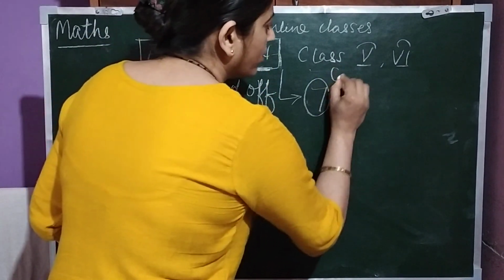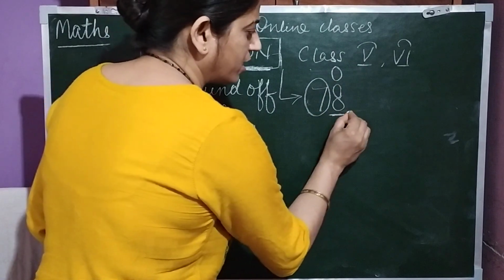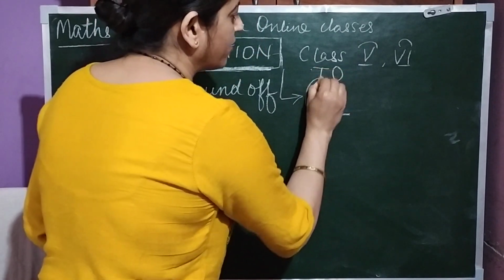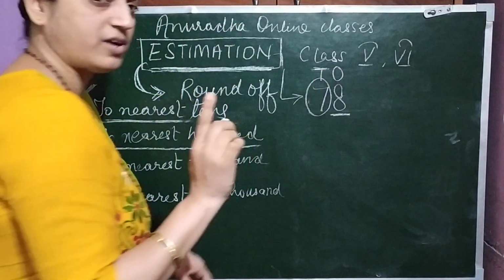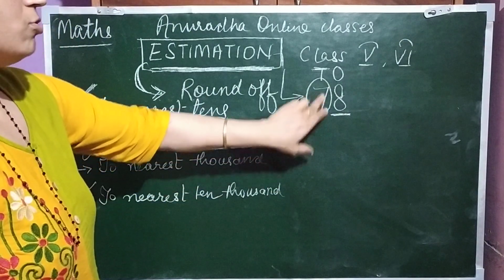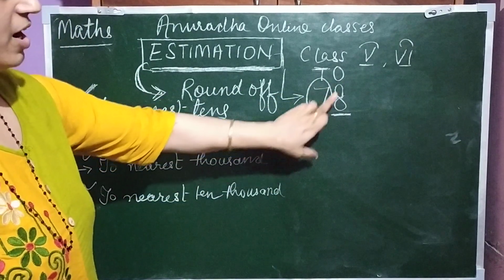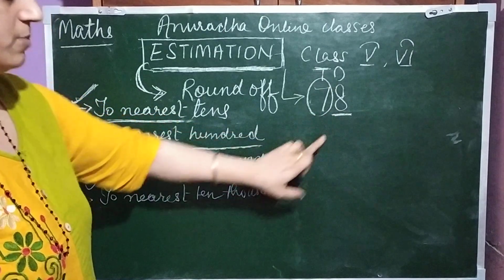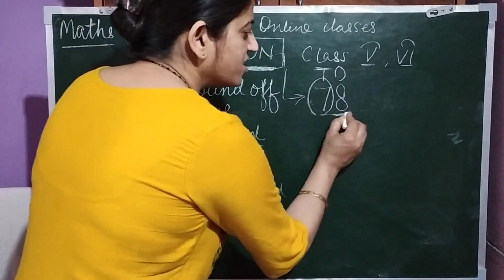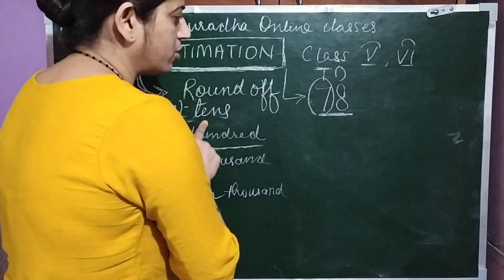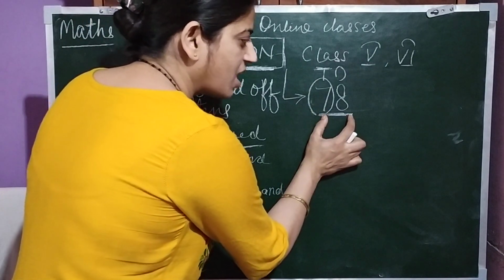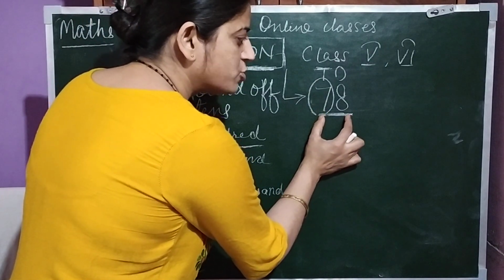Which is at the ones place, you have to underline it, and the tens place you have to circle it. So at tens place what is there? 7, and at ones place what is there? 8.